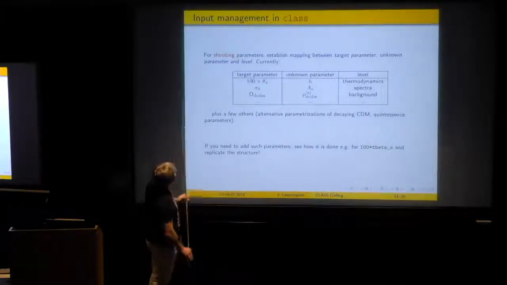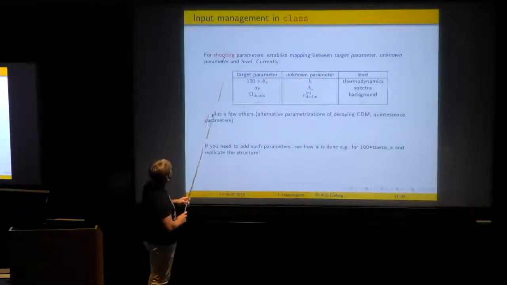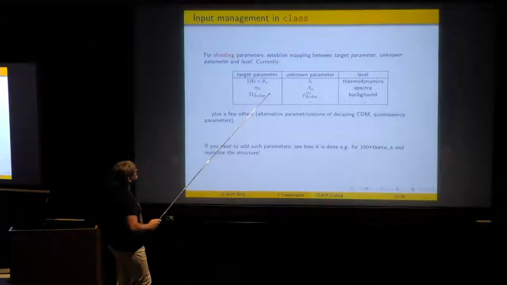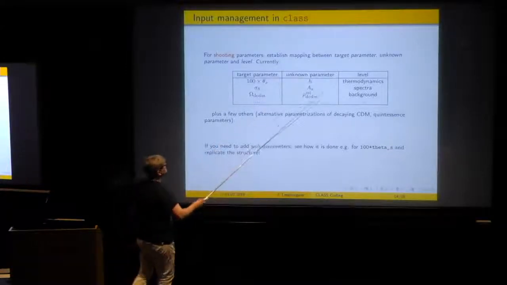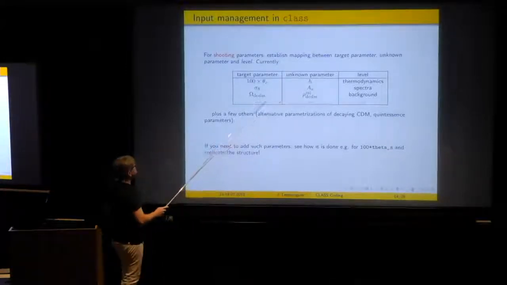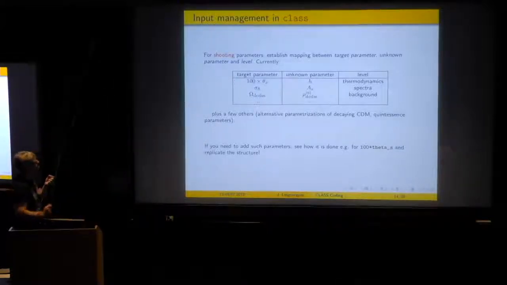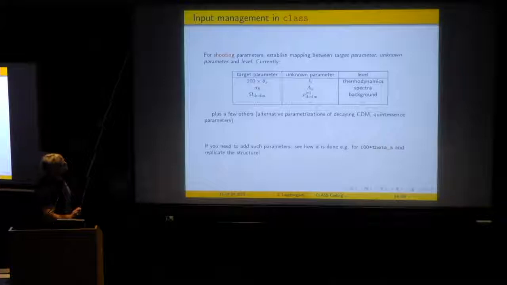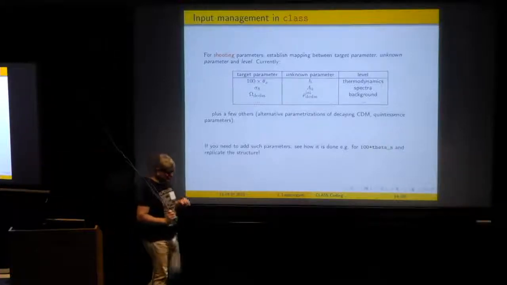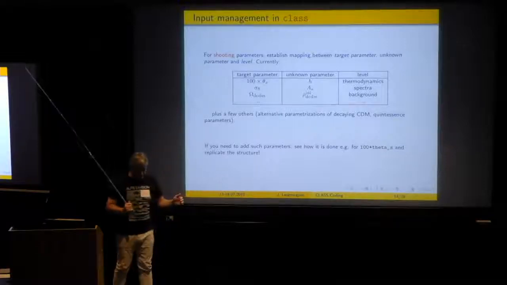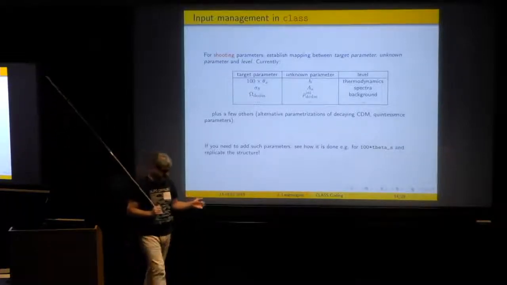Okay, so the goal of the shooting is to establish a map between target parameters and unknown parameters, and then to loop over possible values of the unknown parameter until the target parameter is reached up to a given accuracy. In order to do this efficiently, you don't want to waste too much time in the shooting.